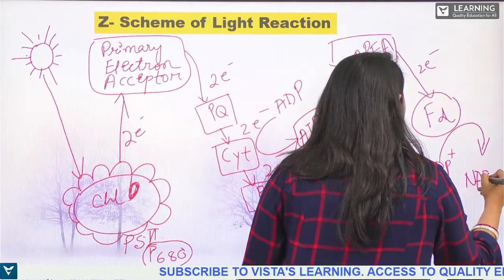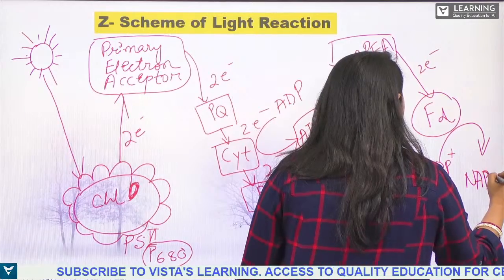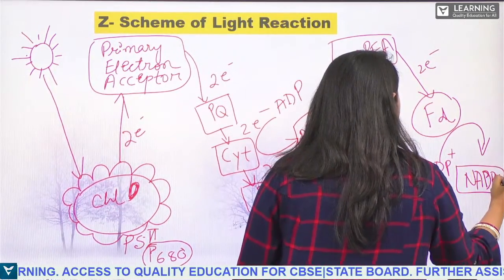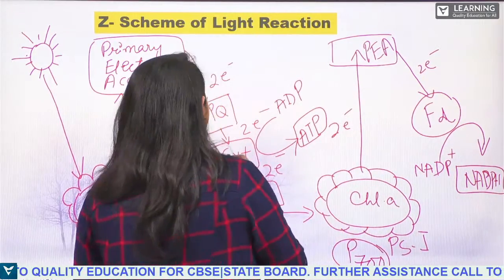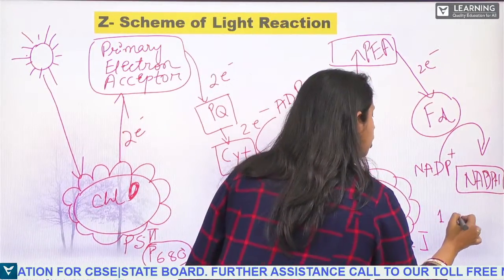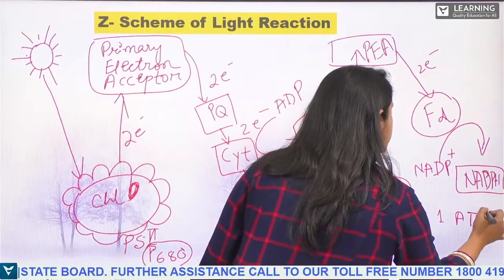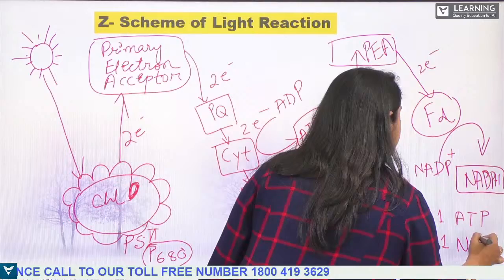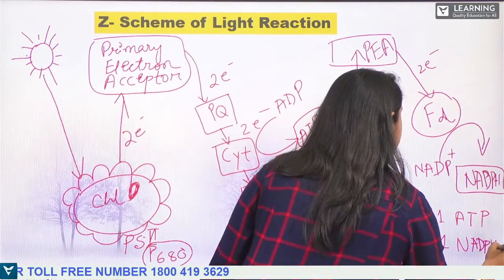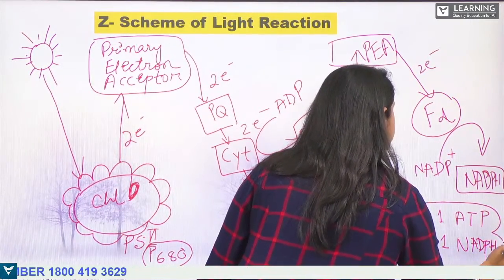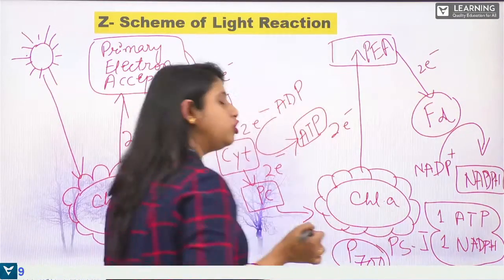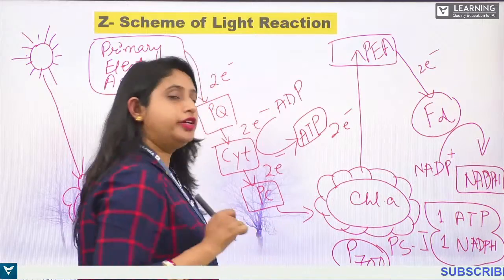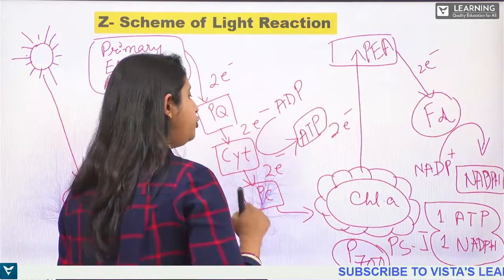NADPH. So here, as you can see, one molecule of ATP and one molecule of NADPH is being formed during this non-cyclic photophosphorylation, right?